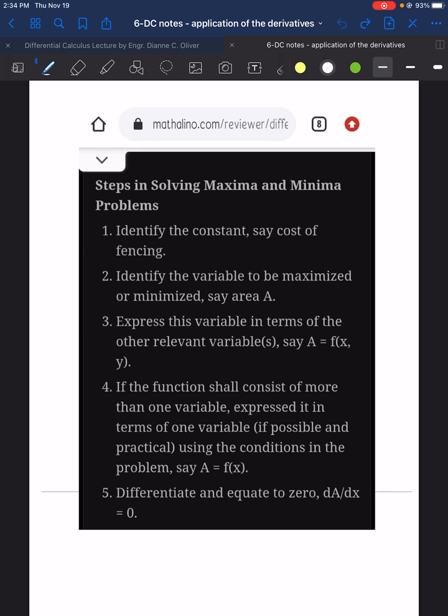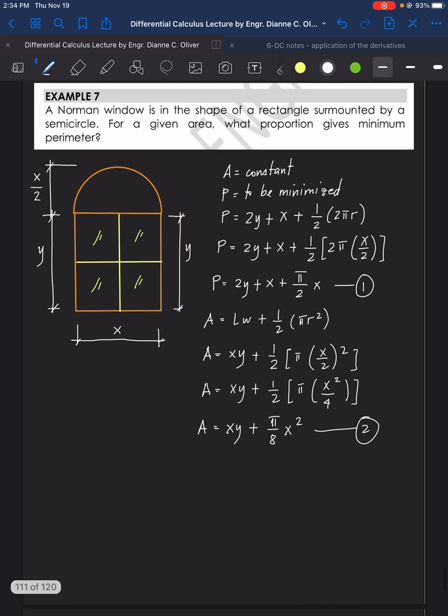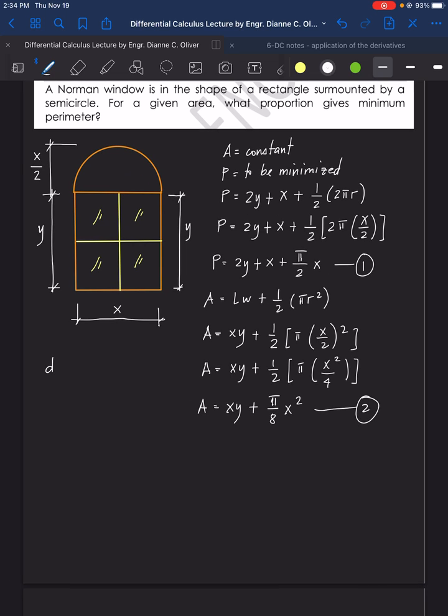This is now the equation number 2. Next, number 5, differentiate and equate to 0 the one being minimized. So the one being minimized here is P, dP over dx equal to 0 for minimum perimeter.